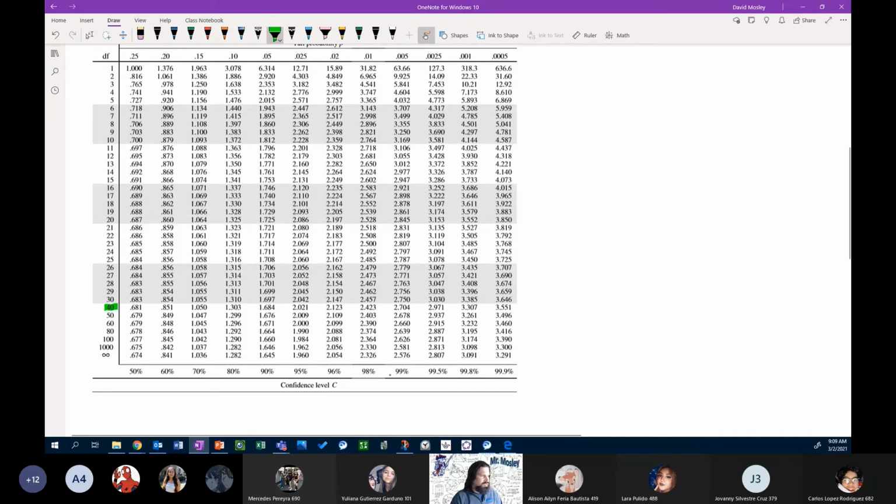99% is here, so we follow this up, and we follow this one over, and we get the intersection here of 2.704.